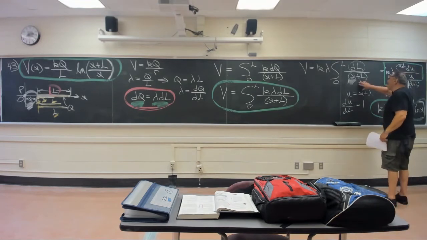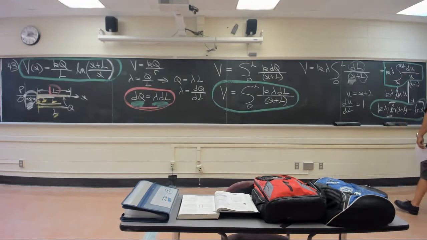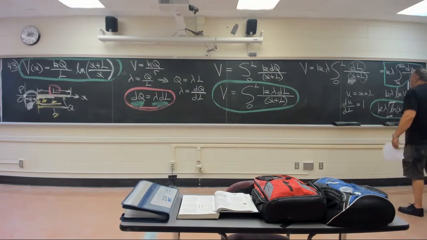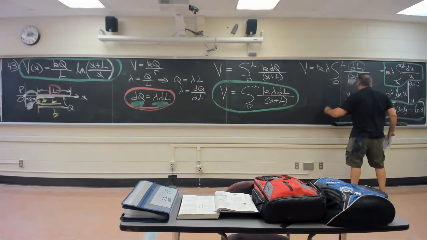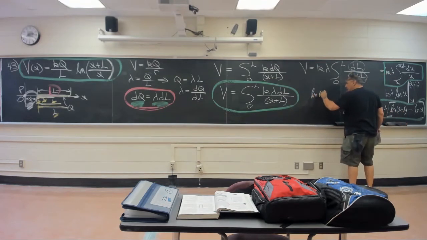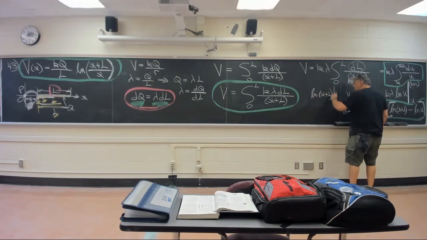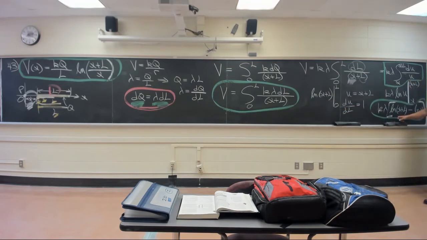You could have gone with antiderivatives and gotten ln of x plus L. You could have just gotten the antiderivative of this whole thing, which would be ln of x plus L, but you're evaluating that with capital L at 0, which just gives you ln x, and evaluating it at capital L being capital L, which would be simply ln of the quantity x plus L minus ln x.